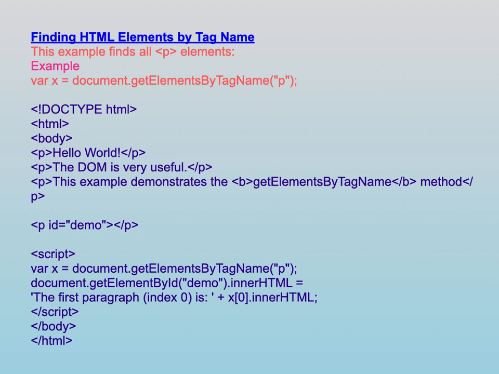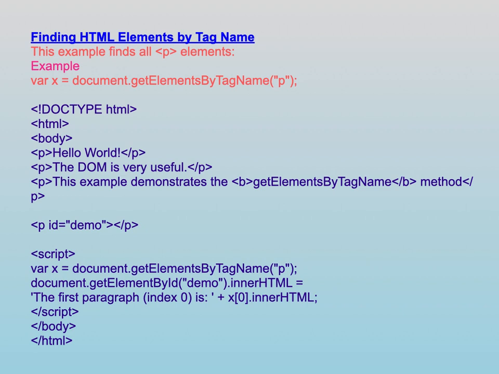So in our script, var x = document.getElementsByTagName("p") is specified, followed by another script command: document.getElementById("demo").innerHTML = "The first paragraph (index 0) is: " + x[0].innerHTML; We will see how it works.